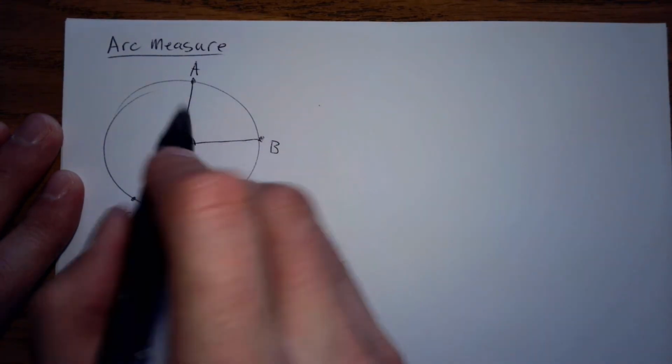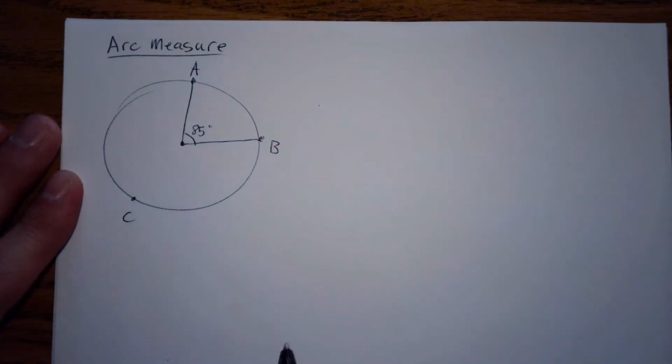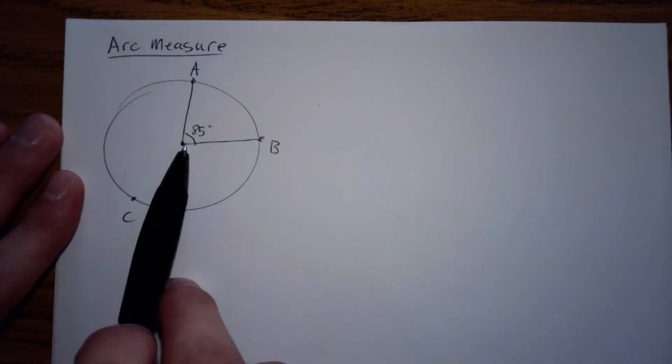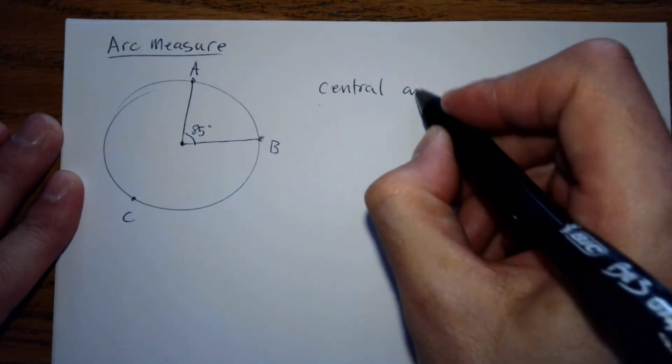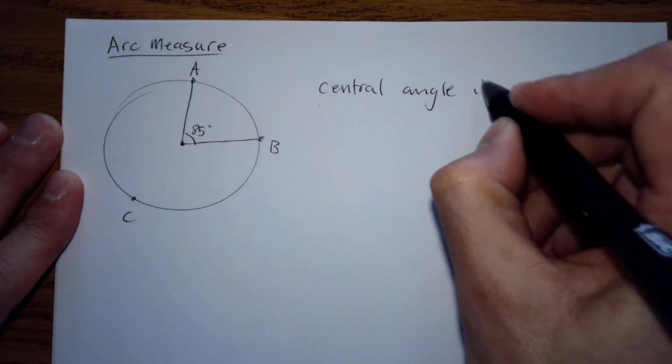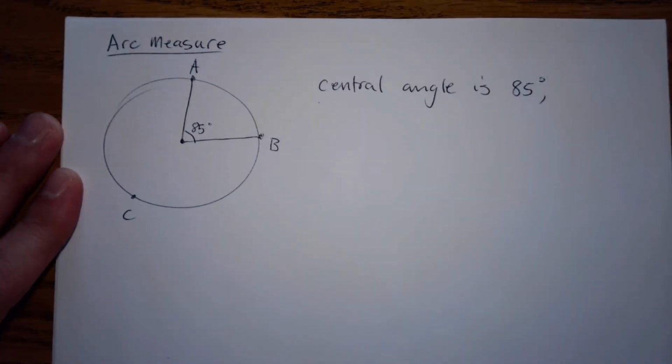So if this kind of looks like, I don't know, 85 degrees, this central angle is 85, so I'll write that down. Central angle is 85 degrees.